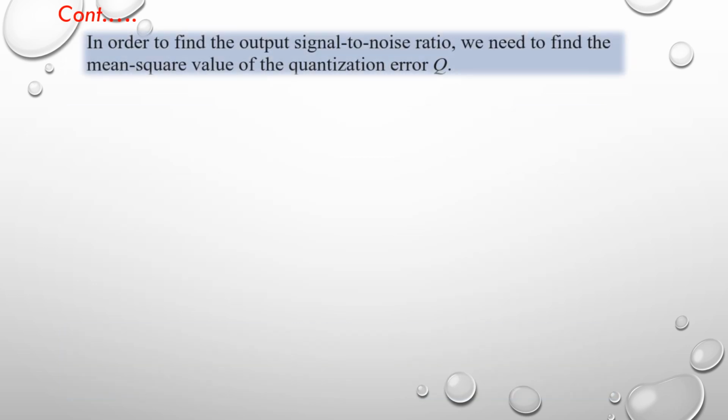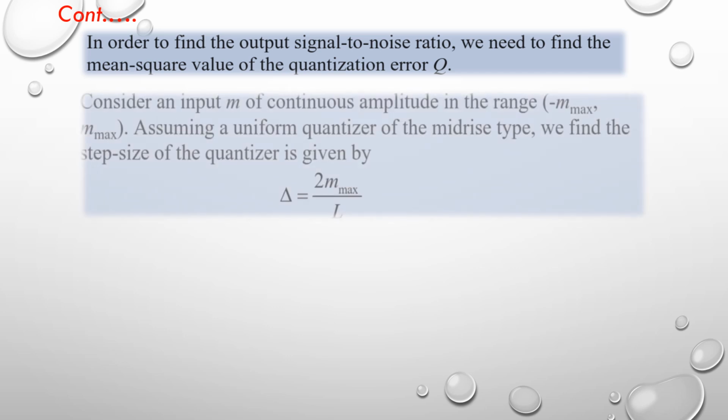In order to find the output signal to noise ratio, we need to find the mean square value of the quantization error. Let's consider an input m of continuous amplitude in the range minus m maximum to m maximum, where minus m maximum is the lowest voltage level and m maximum is the highest voltage level.